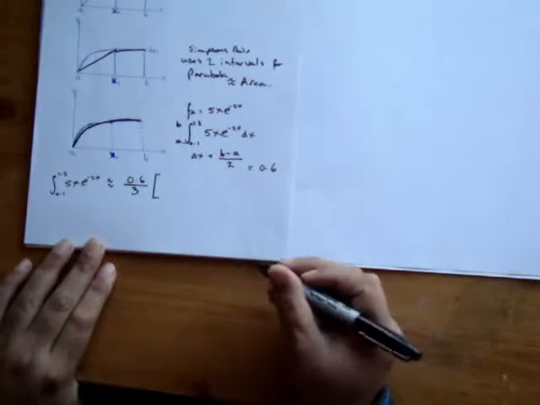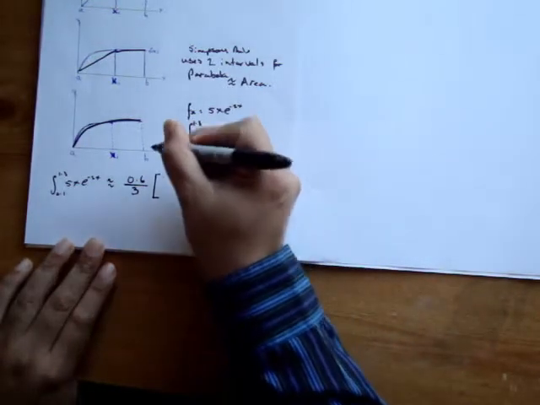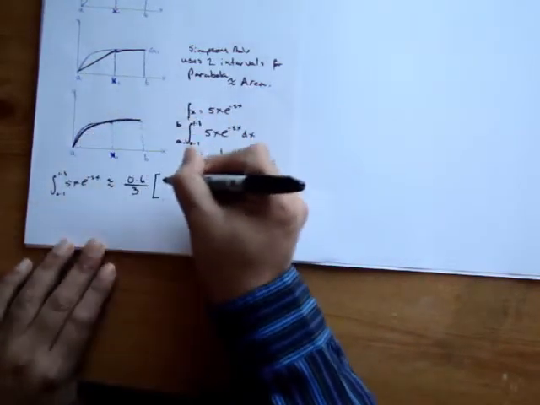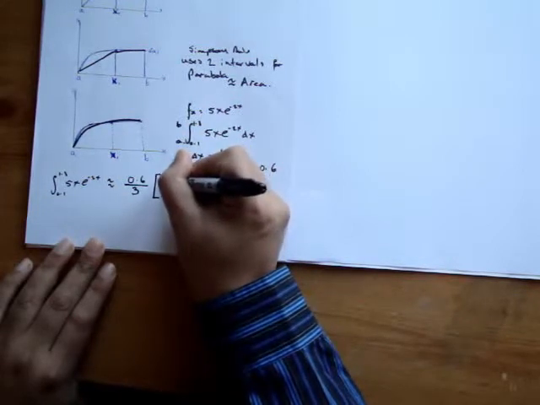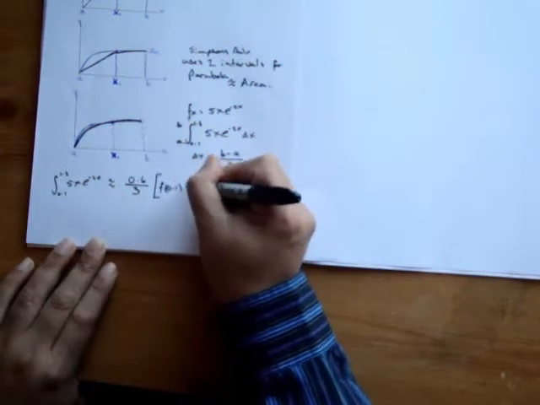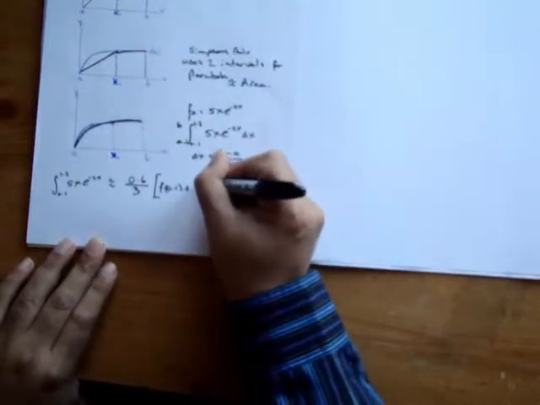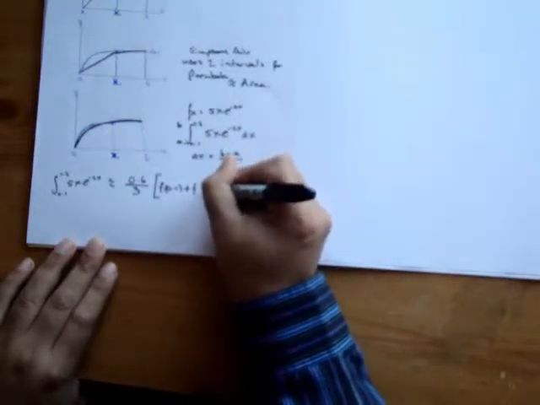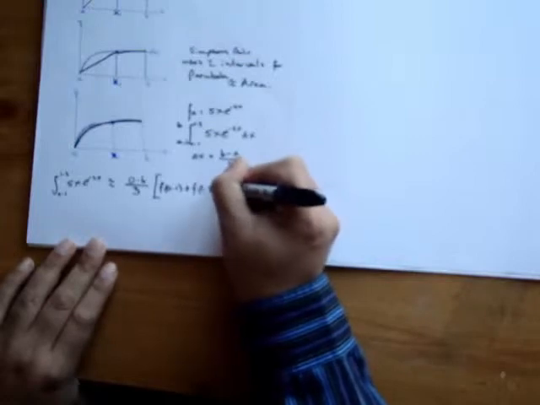Then we have the first height, which would be given by f of 0.1. The last height, which is f of 1.3.